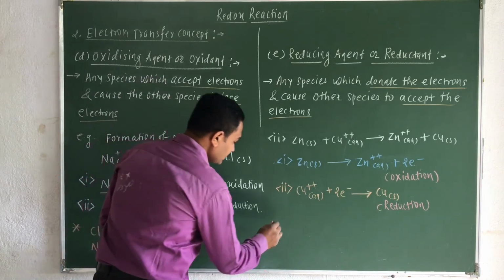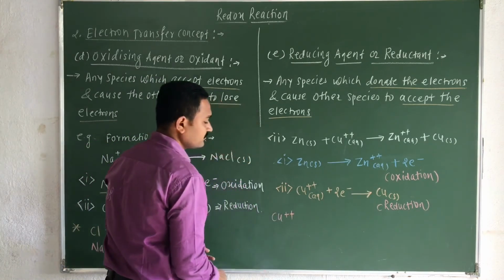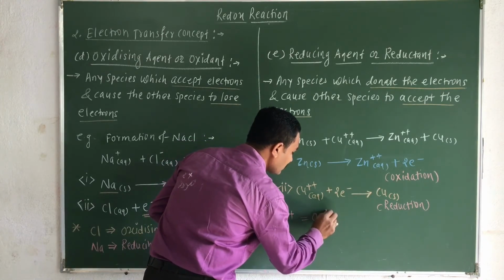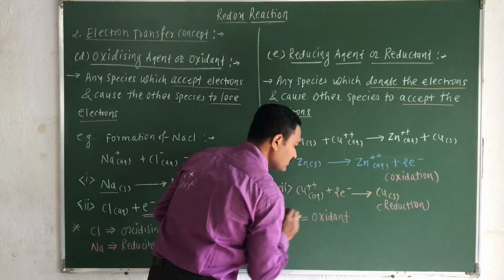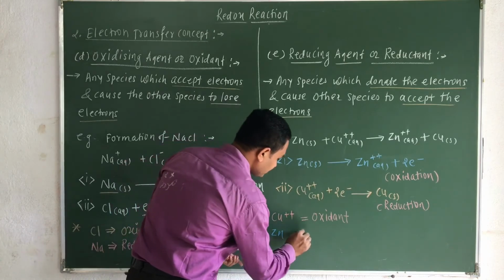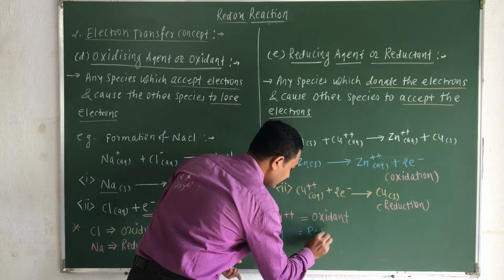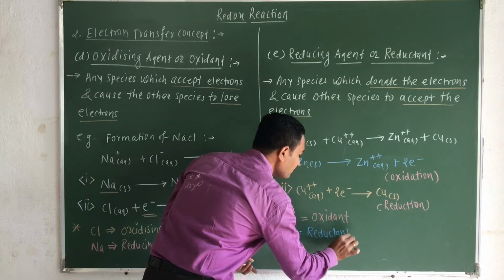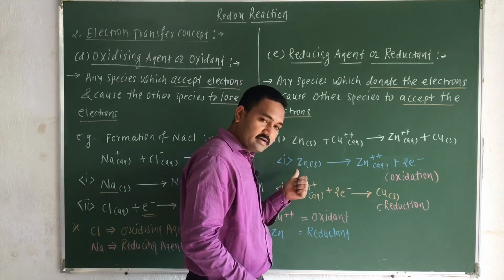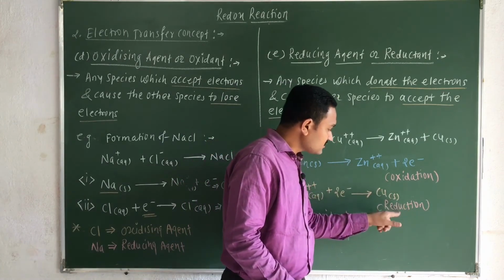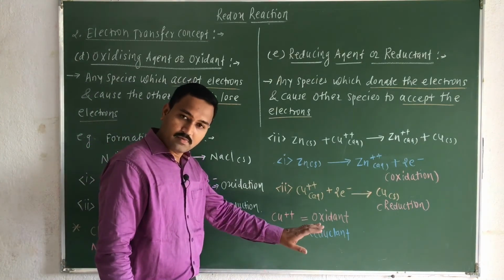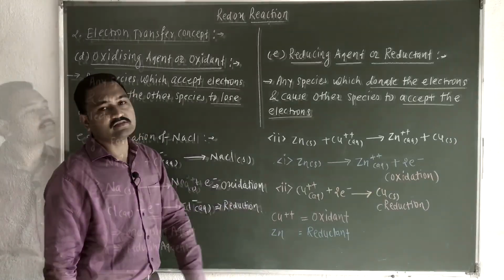So remember, here copper plus 2 acts as an oxidizing agent, or we can say oxidant, while your zinc acts as a reducing agent or reductant. So this is the simple trick. When the oxidation takes place, that species will act as a reducing agent. When the reduction takes place, that species will act as an oxidizing agent. So this is about the second example.